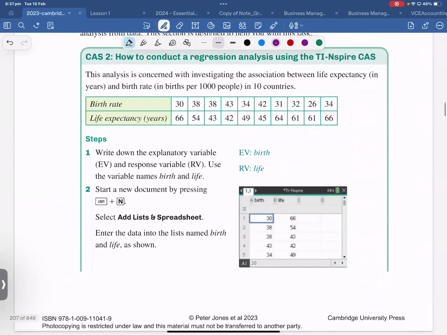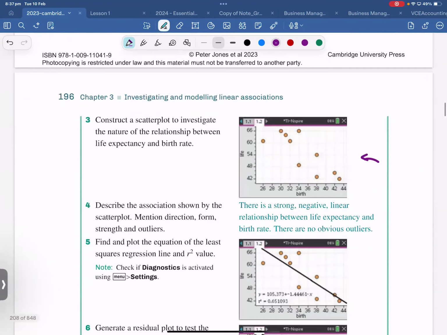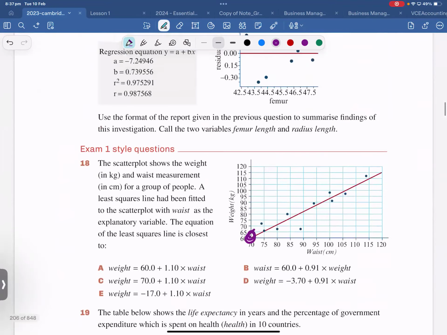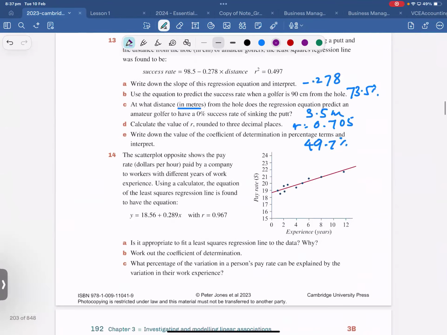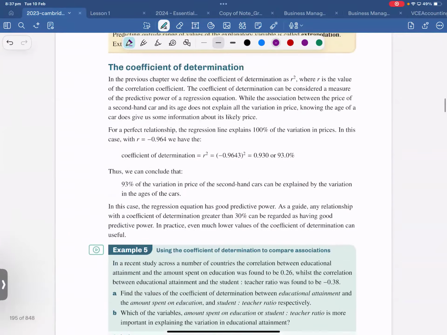Try with control N. Do you have a control N? No. I'm not very sure. Give me a minute.